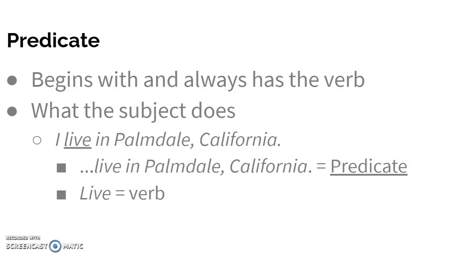So we have here, I is the subject, remember, and live in Palmdale, California is the complete predicate, because live is the verb and everything that comes after the subject is the predicate. The subject is who or whom it's about. The predicate tells you what he or she or the subject is doing.